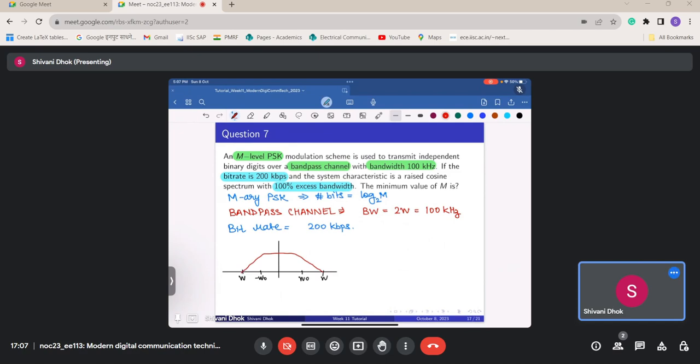And when we are having 100% excess bandwidth, then this W will be equal to 2W naught. This will be equal to minus 2W naught. So in that situation, this part here that I am highlighting, if this width is equal to W naught, then it indicates that we have 100% excess bandwidth.